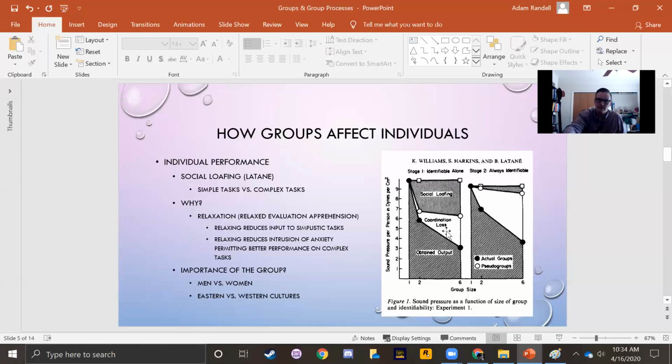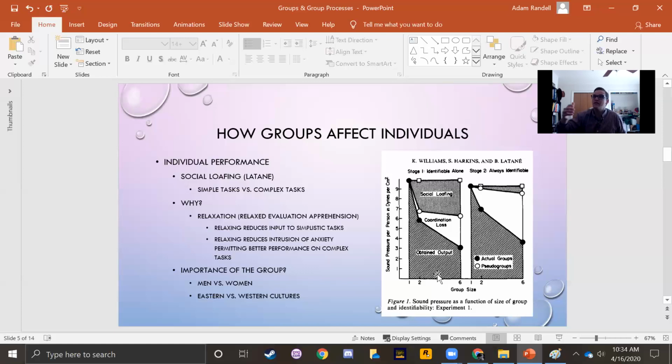So in pairs, they just divided the total sonic output they measured by 2, and in 6s they just divided the total sonic output of the group by 6, and that's how they get these numbers. But in this condition, there was no mic in front of them. There was just the measurement device for the room, and so the participants didn't believe that they could be individually identified.